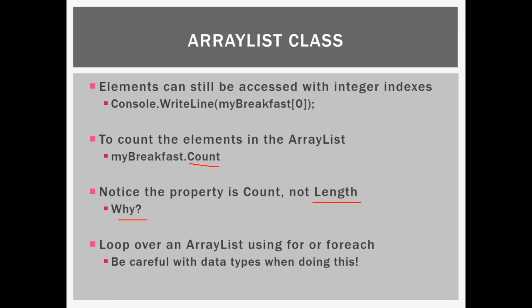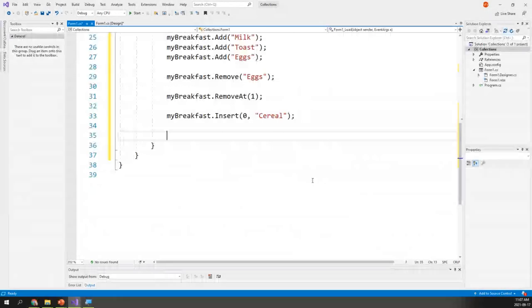And you can perform a loop on an ArrayList using foreach, just like any other kind of loop. You can do a do or a while, but be careful with your data types. So here's an example of performing a loop on this. You can say foreach.